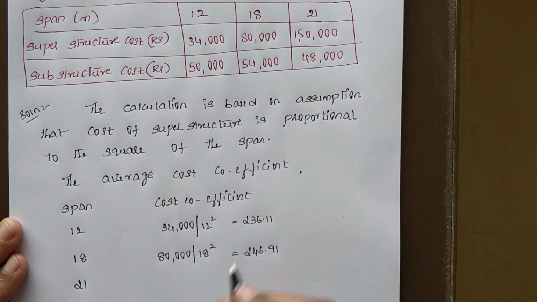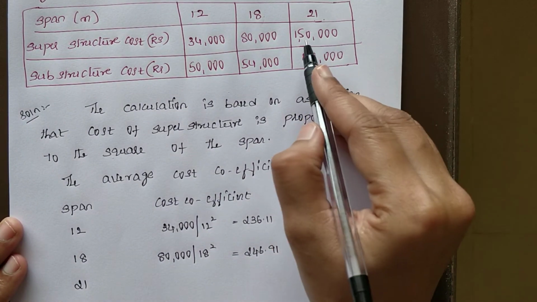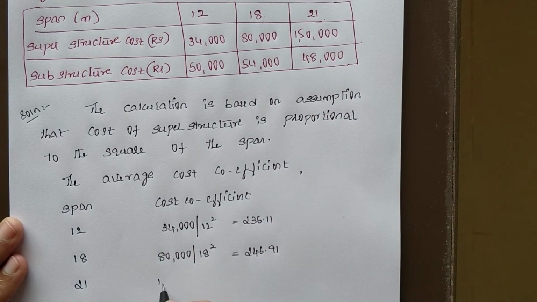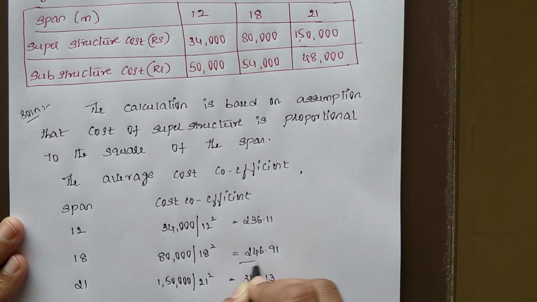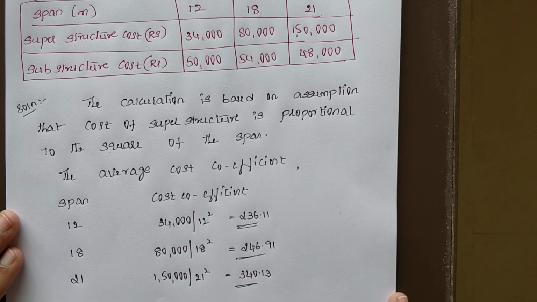Similarly for 21 meter it is 1,50,000 divided by 21 squared. You will get 340.13. This is your cost coefficient.